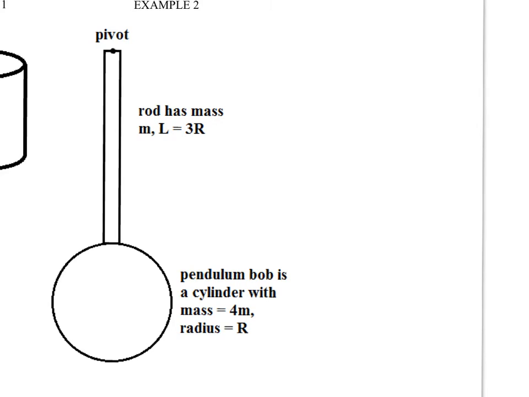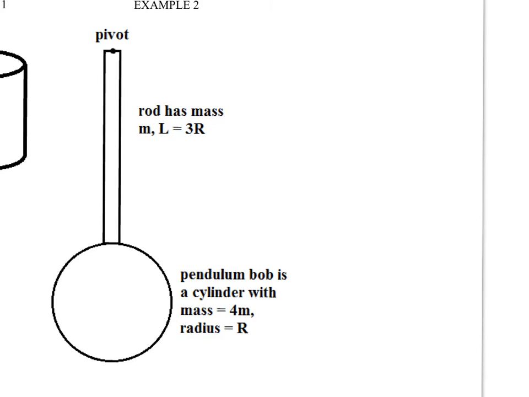Now, the reason you need all that information is if you want to get the moment of inertia of this whole system, it's composed of 2 solids. In your table of moments of inertia, there were a bunch of different solid types, and one of them was a rod rotated about its end. Another was a rod rotated about its center of mass, and then you had cylinders and hollow cylinders.